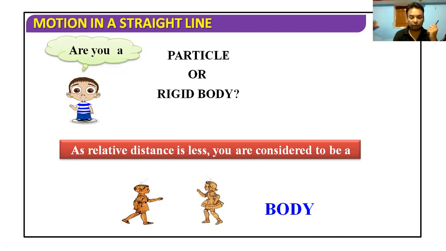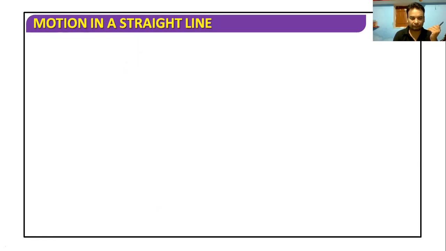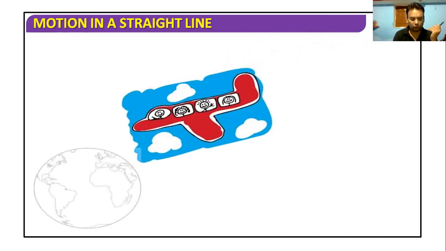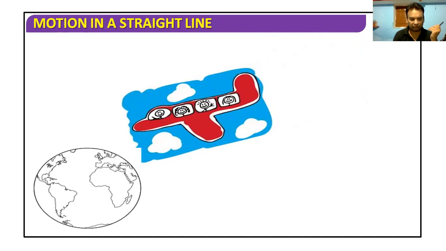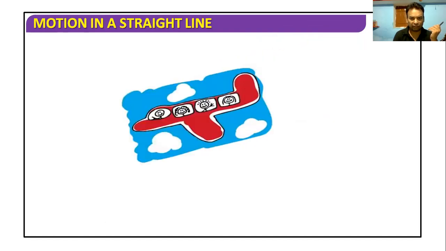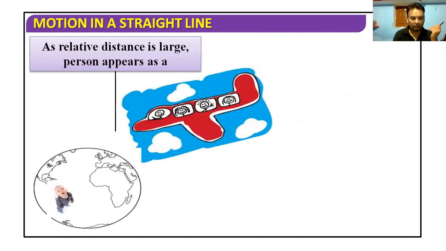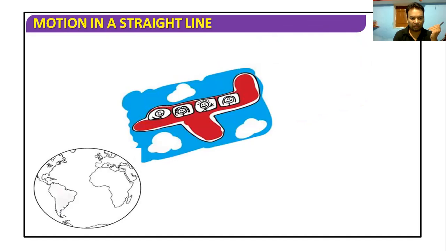They depend upon the distance of the object from the observer. I take one more example. Suppose one aeroplane is approaching the earth, and one child is on the earth.